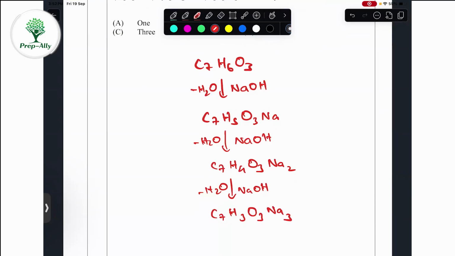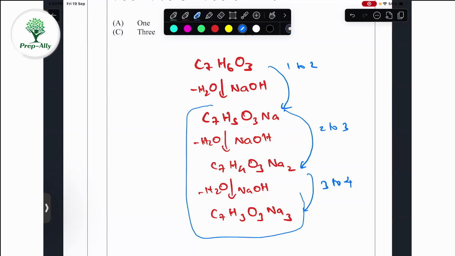It is forming three, like 1 to 2, 2 to 3, and 3 to 4. So it is forming three salts. These we call salts, okay?